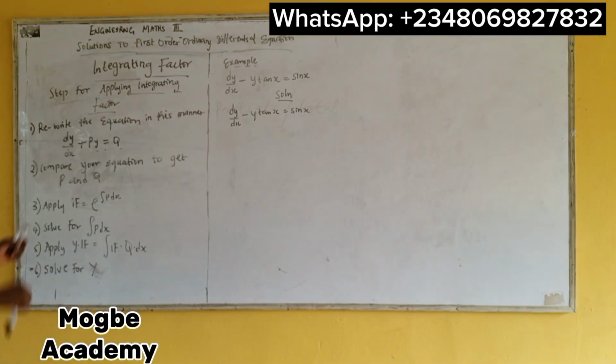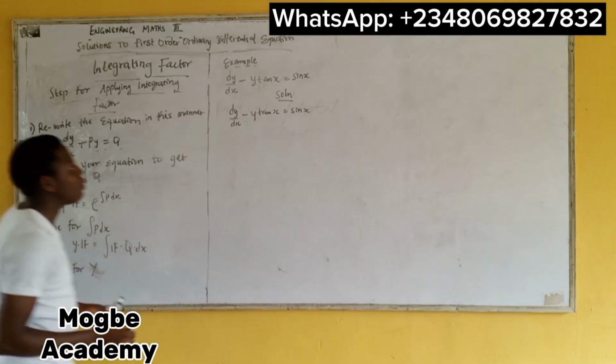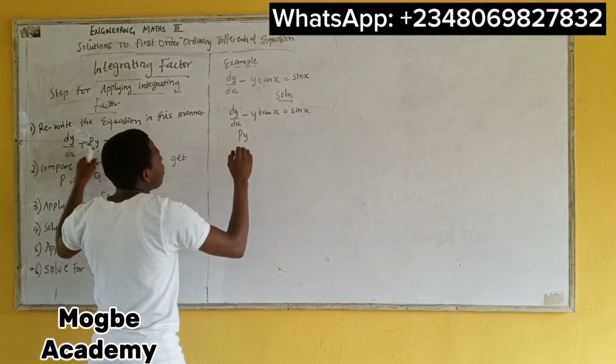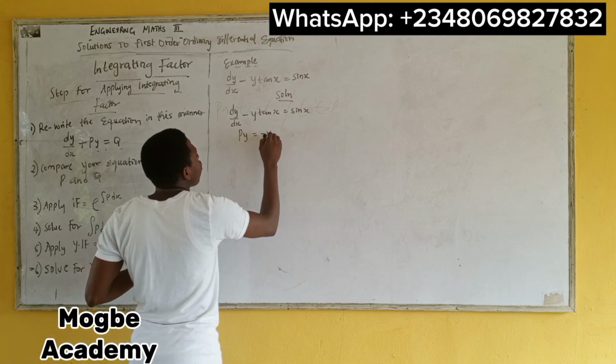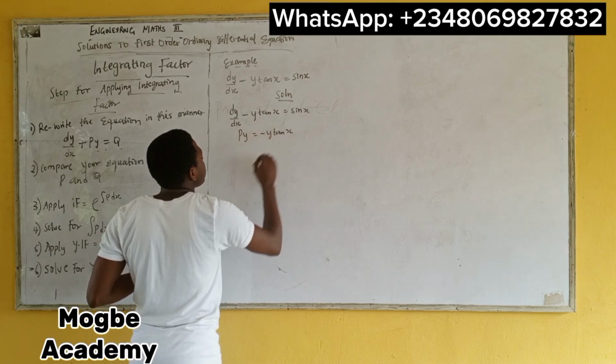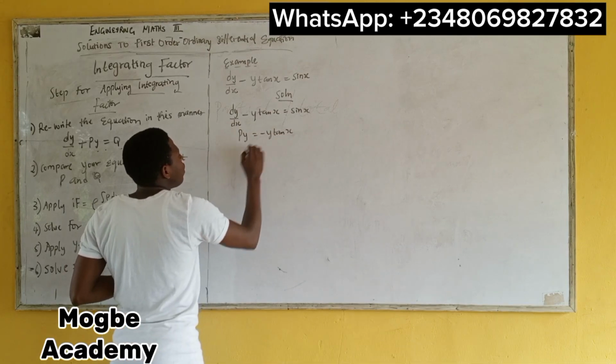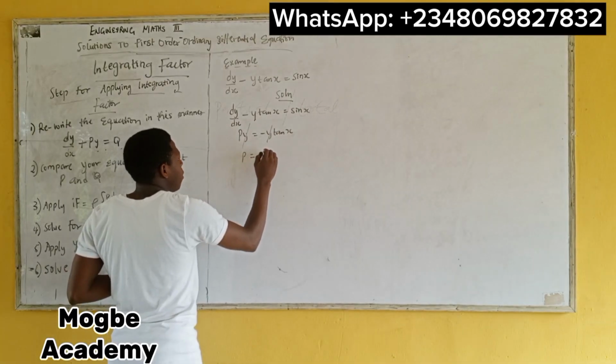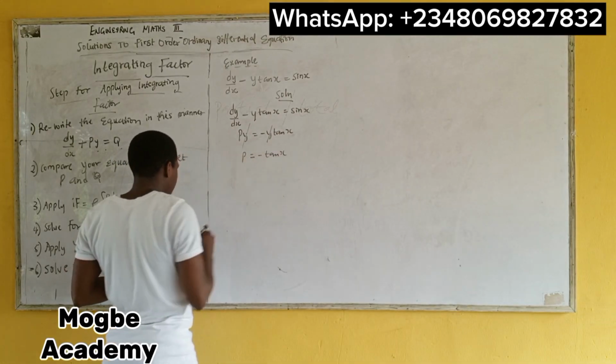Compare your equation to get your P and Q. From our equation, what's our P and what's our Q? So comparing, Py is equal to minus y tan x. So making P stand alone, we have y cancel y. We are left with what? P is equal to minus tan x.